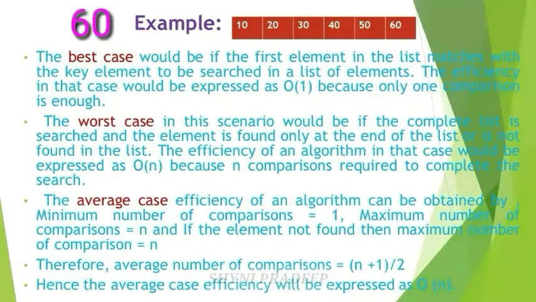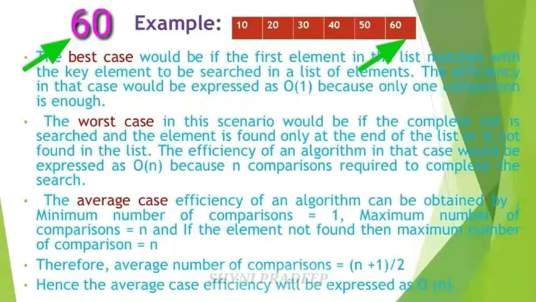Next, if you want to search the key element 60, you compare that value one by one with each element in the list. If the key element is found at the end of the list, or if it is not found in the list, for example if you want to search the key element 70, which is not there in the list, that is worst case efficiency, because it needs a lot of comparisons.